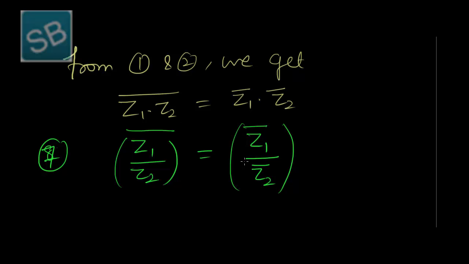That is the same as in the cases we have done in subtraction, addition and multiplication. Now it is the turn of the quotient form, and this is the last property of the conjugate of a complex number.